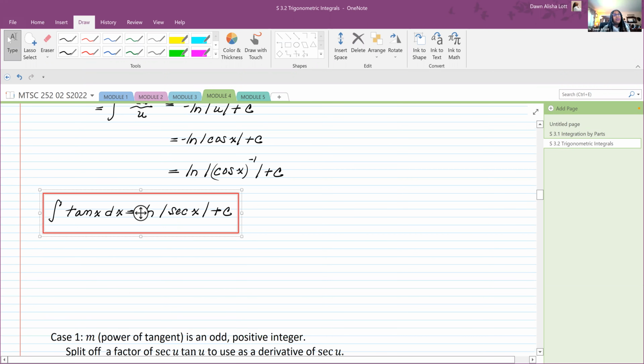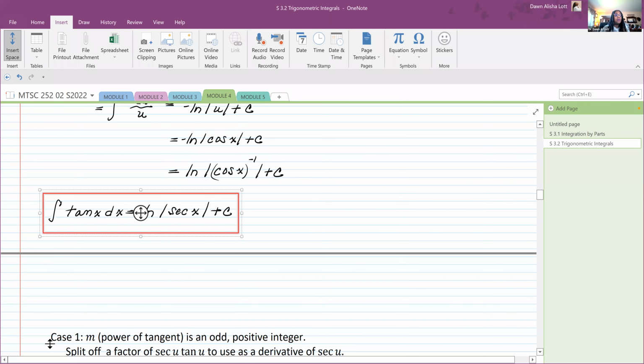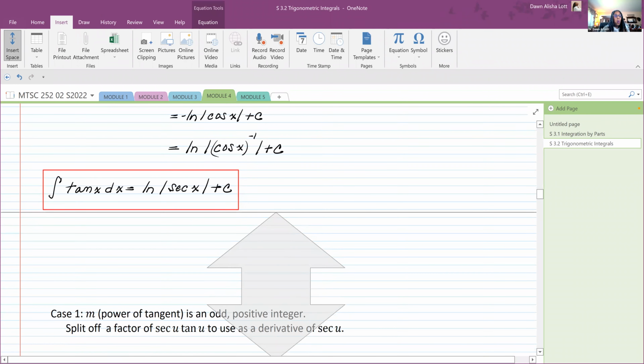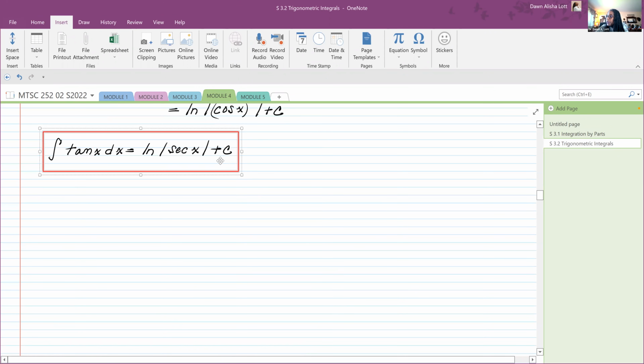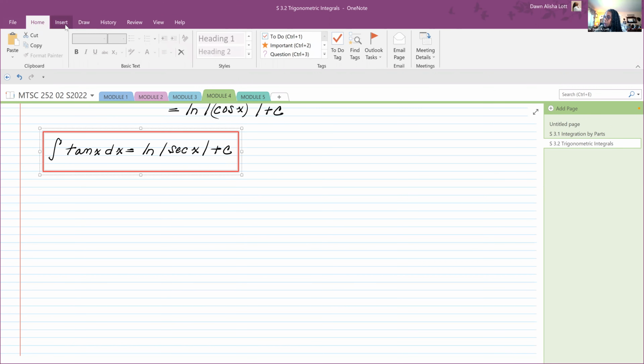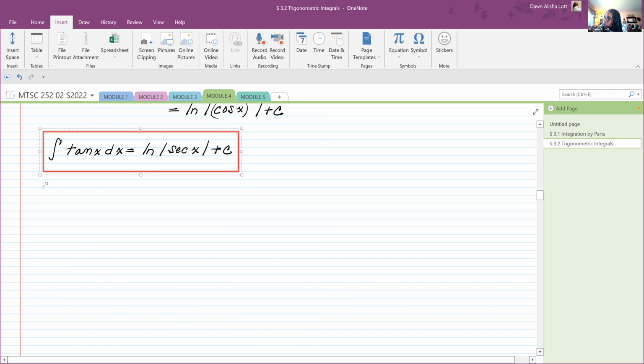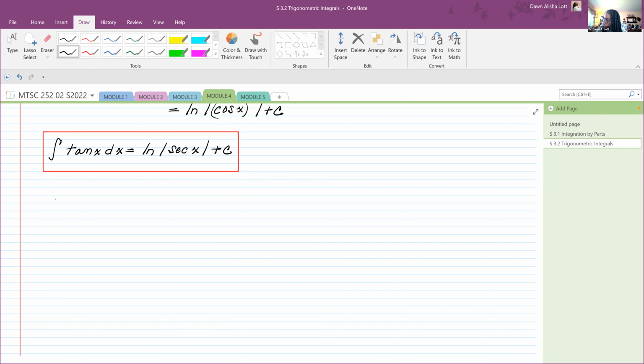And we said anything you do for tangent, you can do for cotangent, except the negatives will affect you. So we did the integral of cotangent. And its lifelong buddy is cosecant.